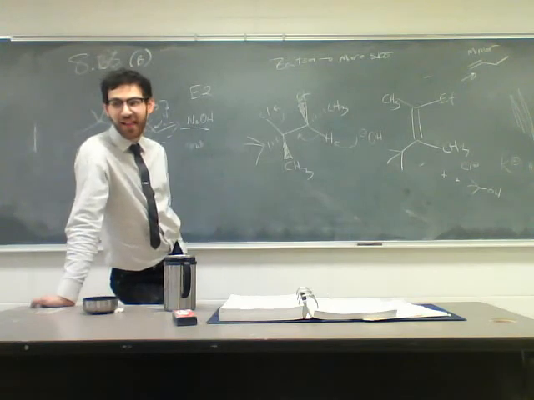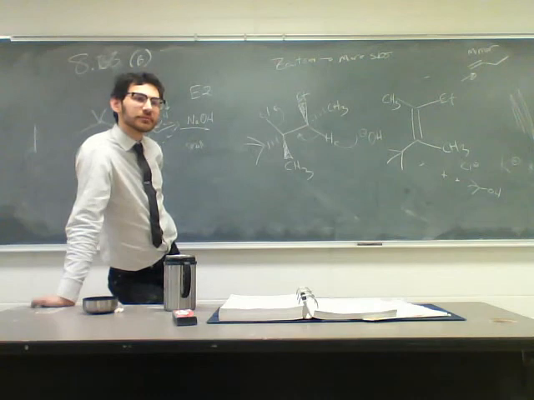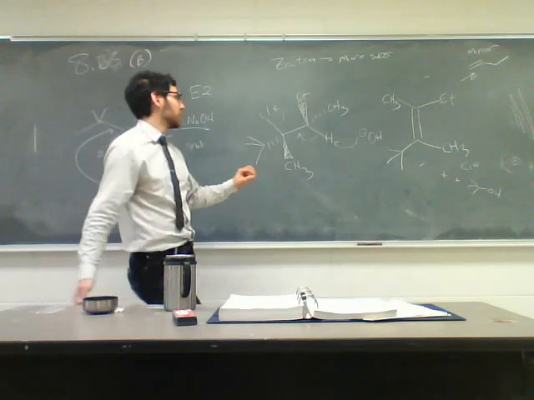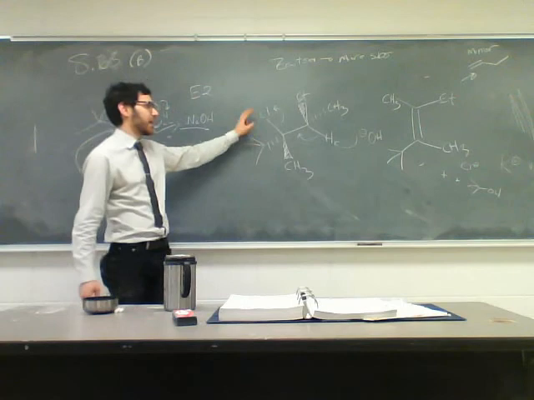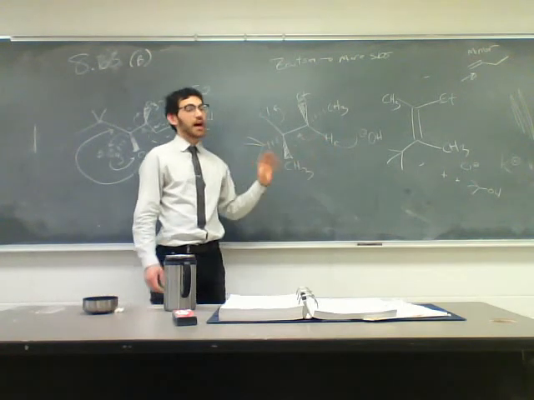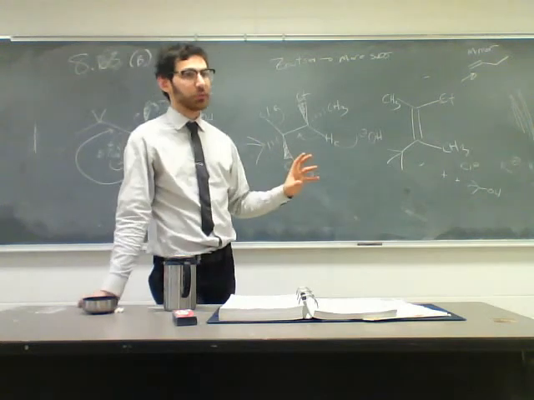So for this, just maybe my conception problem, but you just want the biggest things, like anti-coplanar. It's not the biggest things. It's our leaving group and the hydrogen being attacked that need to be anti-coplanar. Okay. So we're not concerned at all about sterics or bulky groups right now.